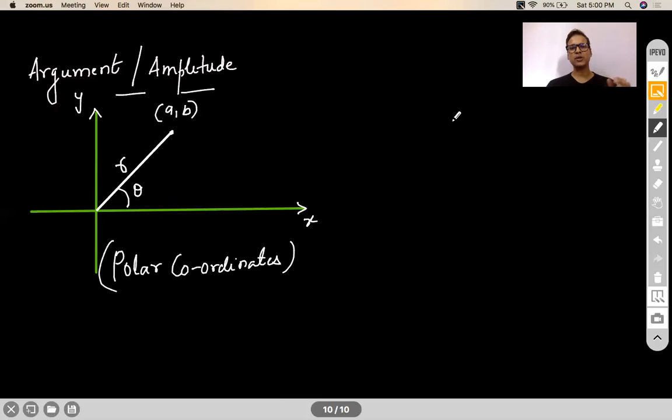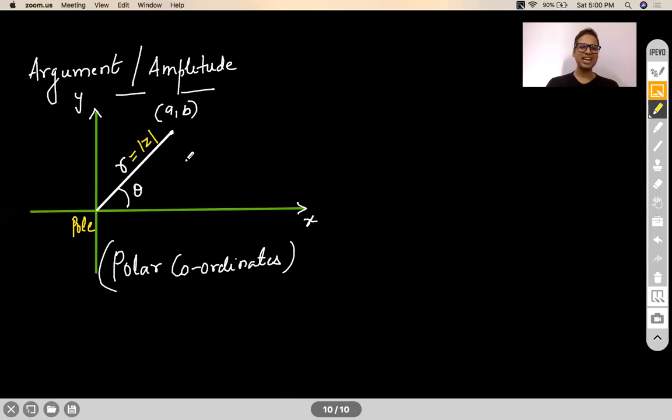So a comma b is the Cartesian form, and when you represent it by suggesting its distance from the pole, this is what we call the pole, and hence the name of the coordinate system as polar. We normally mention its distance from the pole and this angle, right? Do you remember that? Now this r is what we learned just now is the modulus.